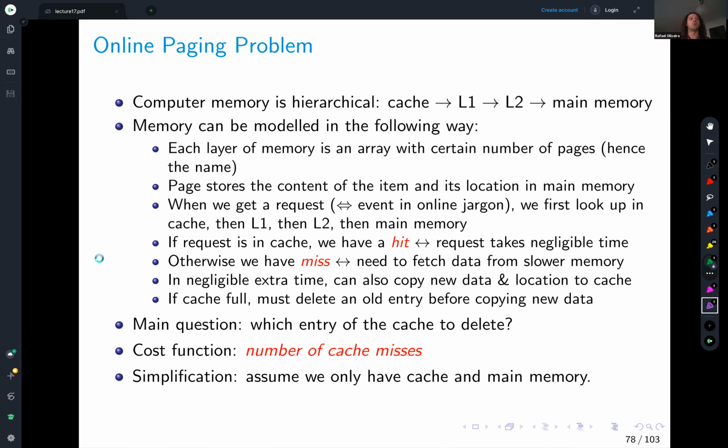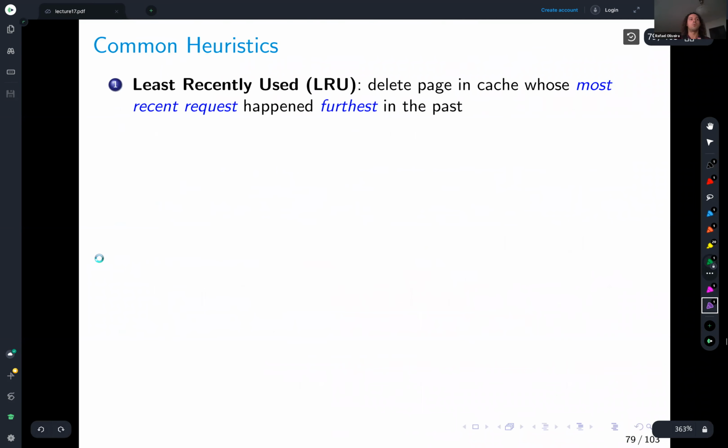So what are the common heuristics for deciding which page to evict, which page we are going to delete? There's the least recently used heuristic. The algorithm is simply: whenever I have to delete something from cache, we delete the page in cache whose most recent request appeared furthest in the past, hence the name least recently used.